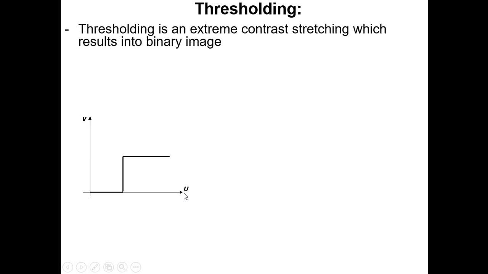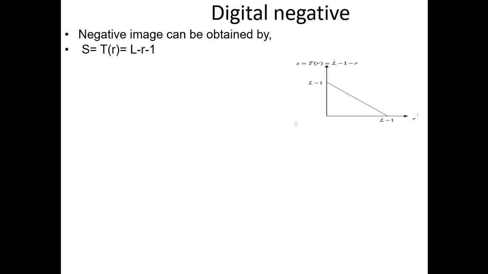So this thresholding is nothing but extreme contrast stretching, and it results in a two level image, also called a binary image or black and white image. So all the pixels will take only two values, either 0 or 255. This is the result of this transformation called the thresholding transformation.